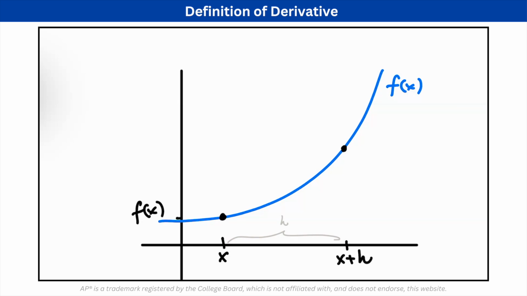That's why we call it x plus h. And what about the y value of this point right here? The function is f of x, but since the x value is now x plus h, we call the y value f of x plus h.